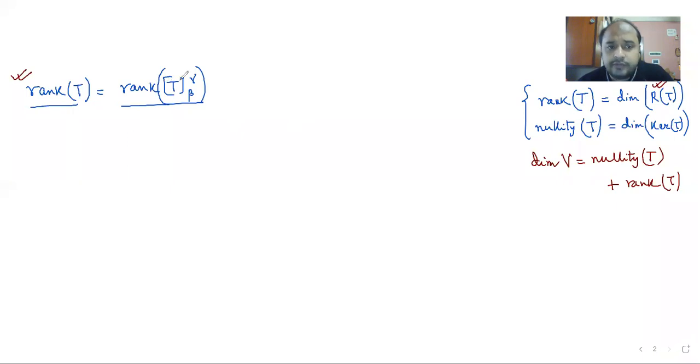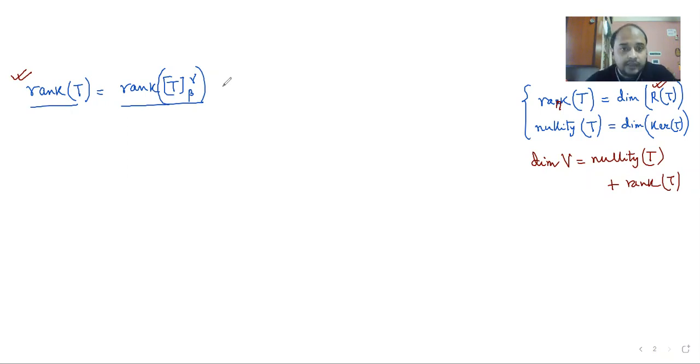And therefore, if you can find T beta gamma, then there are some working criteria by which the rank of this matrix representation can be found, and that rank will be equal to the rank of the linear transformation. So actually, you don't have to use the range at all. That's why the result is very powerful.